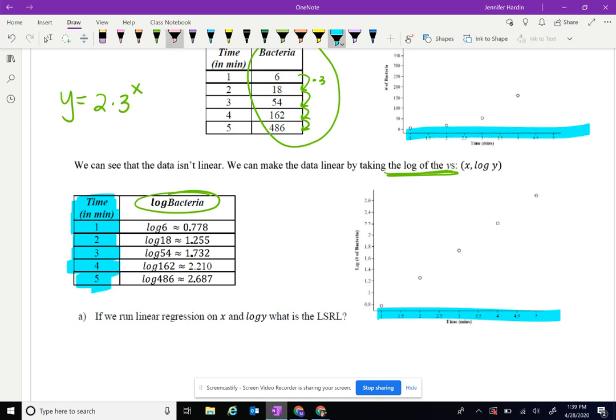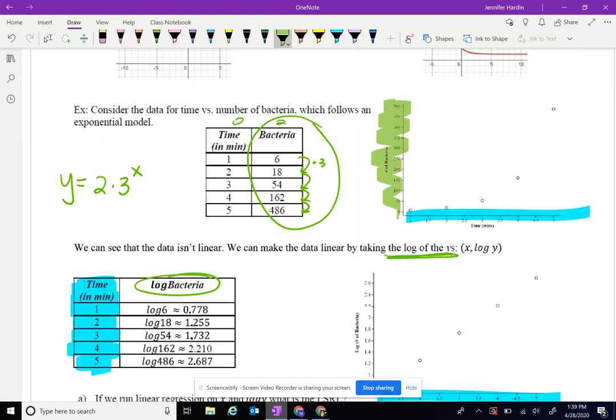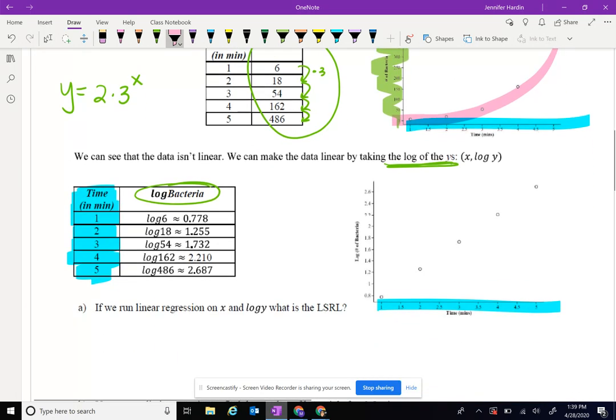Instead of having us graph bacteria and see this exponential growth model, if we change it and now we're looking at the log of those bacterias, we get smaller numbers.